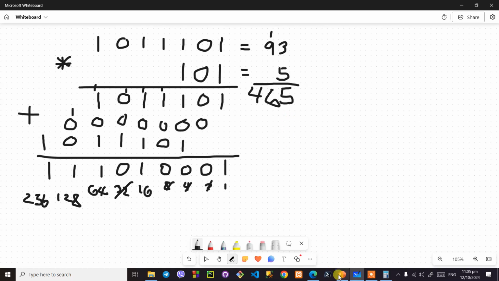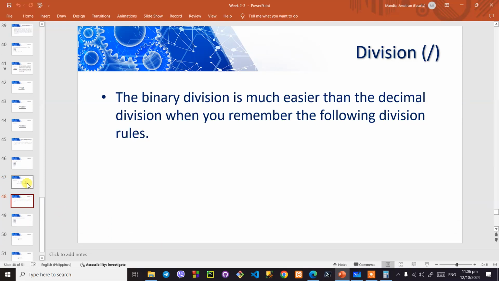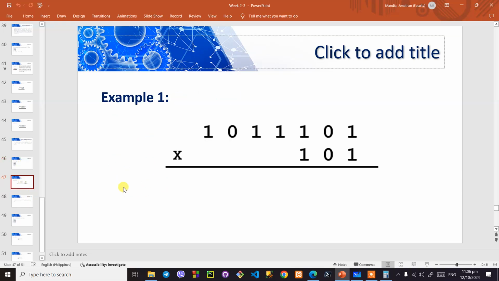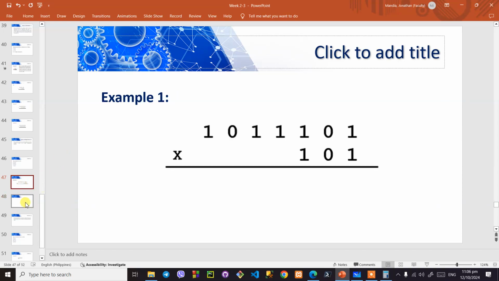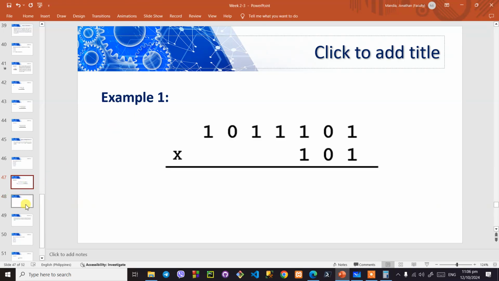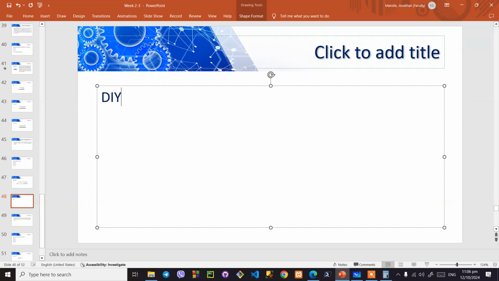Okay? I have no more examples. Anyway, you can practice it using this equation. So I will put it in here. So we have example number 1. This is do it yourself. DIY. Okay?